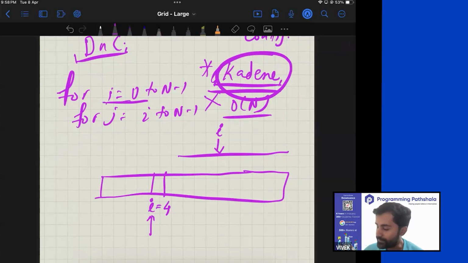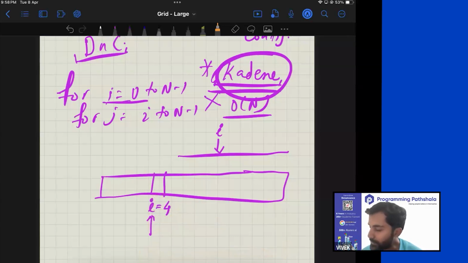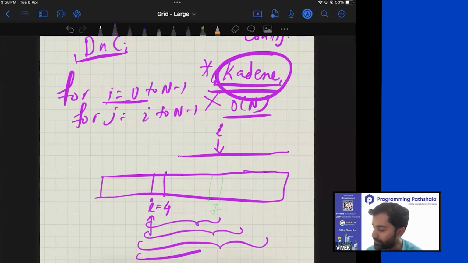Now what you do is that you consider this subarray, then this subarray, then this subarray, and then the final one. Think of it in this manner. Let's say there was an index over here, which was index 7, right? So you would have considered this subarray, and then that subarray, and then that, and then that.